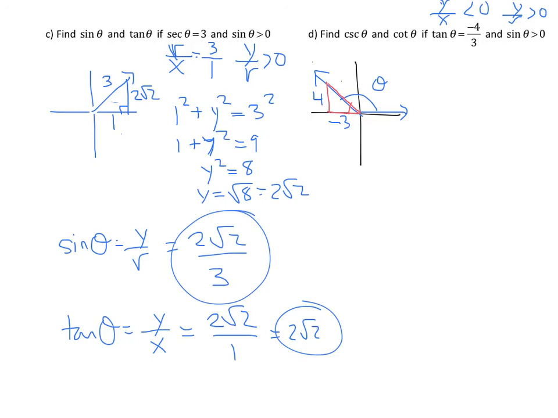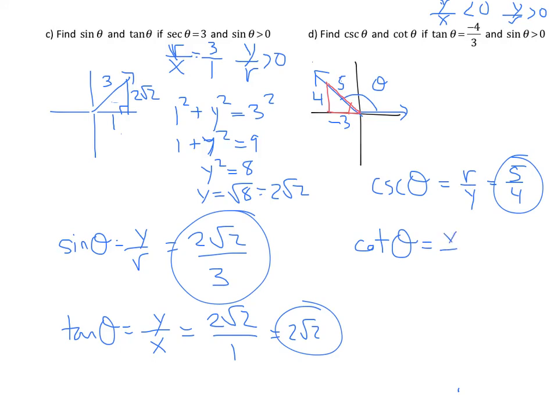And then we have to find r. This will be a Pythagorean triple, 3, 4, 5. So I don't need to use Pythagorean theorem. And then I find cosecant theta, which is r over y. And that'll be 5 over 4. And cotangent theta, which is x over y, negative 3/4.